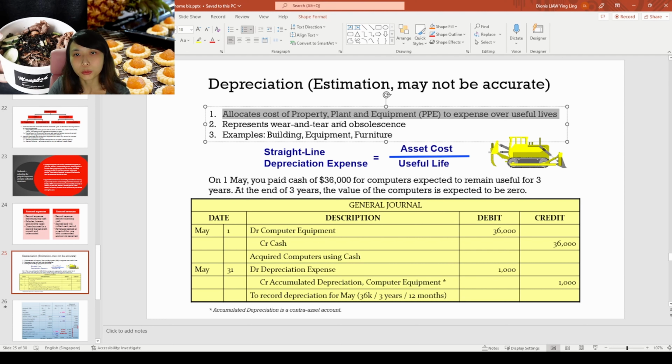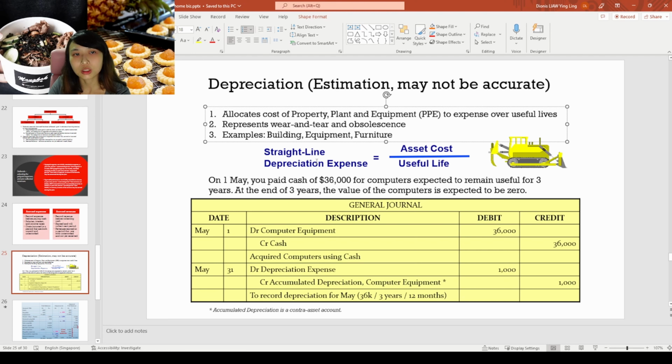Because if you buy a computer that costs maybe 20k, just an example, you cannot record this expense as 20k over 1 year, because this computer is maybe supposed to last you 10 years. So you're supposed to allocate the cost correctly. It represents wear and tear and obsolescence. Some examples: building, equipment, furniture, all these.